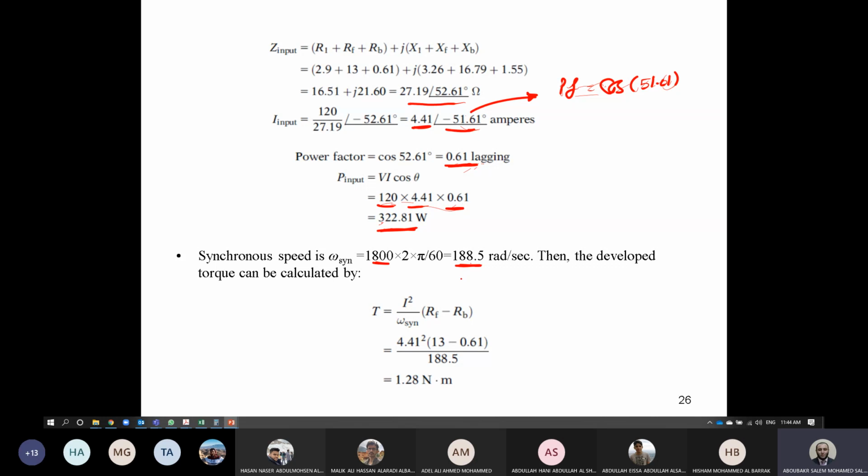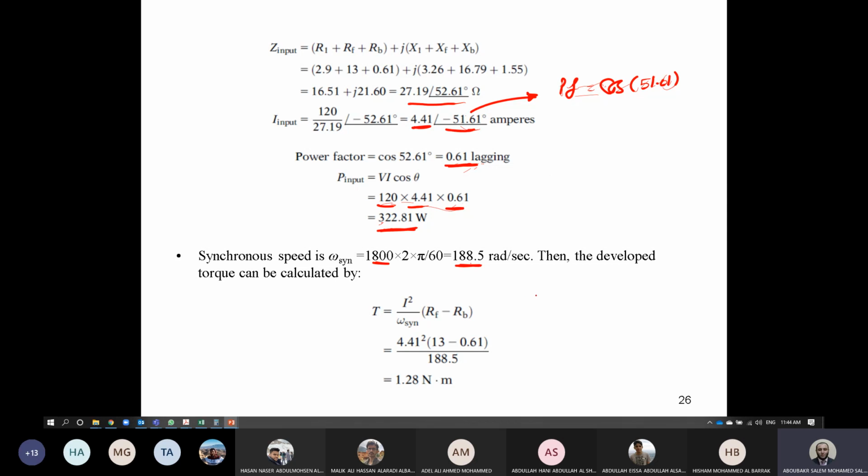And we have the currents. So we can say now gap power equals I2 squared multiplied by R2 forward minus R backward over omega synchronous. So this will represent, Shabab, the amount of torque. Someone can say, where is the value of slip?